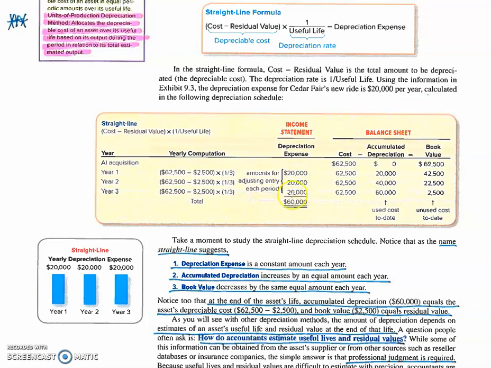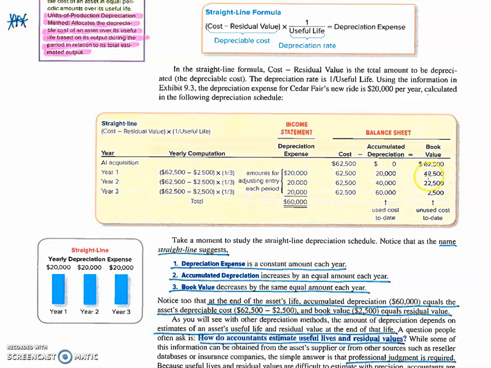At the end of 3 years, it's what we called fully depreciated, meaning all of the depreciable cost has been charged to depreciation expense. Okay, and so there we see the remaining book value or net book value. At the beginning, at the time of acquisition, it was $62,500.